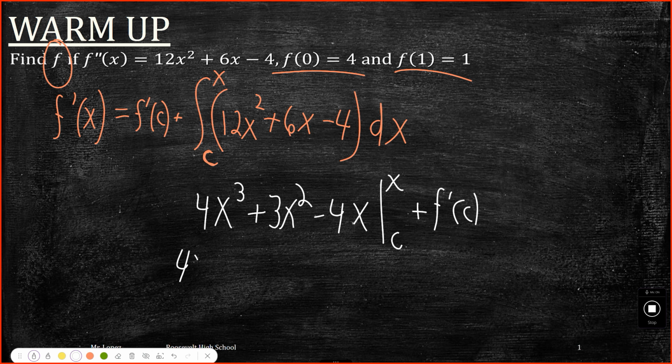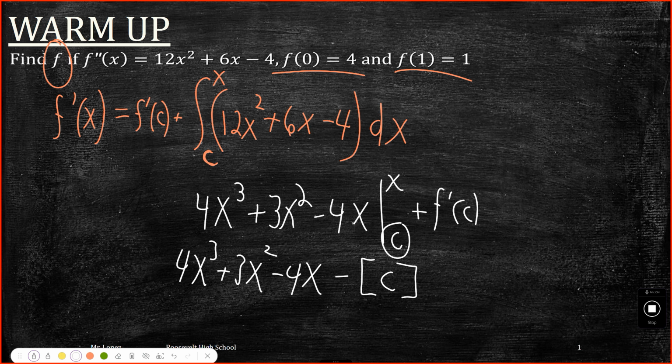We're just going to have 4x cubed plus 3x squared minus 4x minus some constant that's going to go in for every x. It's going to be some other constant, plus f prime of c.